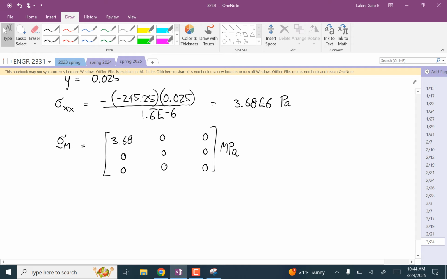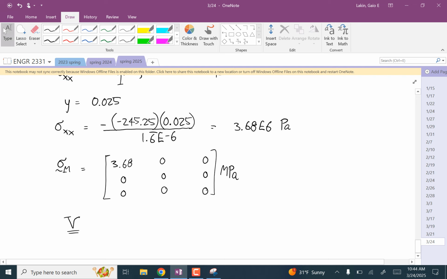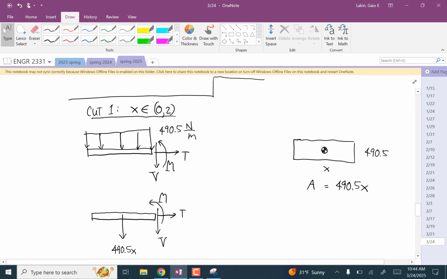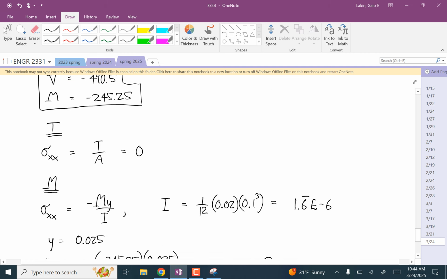And now we're going to do the one for the shear force. So we have to calculate the Q. Q is equal to the area times the distance. What's the area above that blue line? Well, 0.025 is the height of the rectangle above that blue line, times the width, 0.02. So that's 5 times 10 to the minus 4.